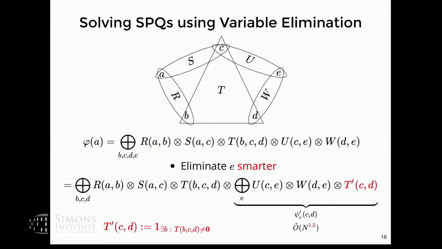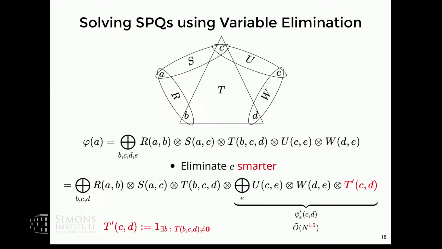And you can argue that adding T prime in here is not really going to change the function phi, because T prime is always 0-1, and it can only be 0 by definition if T itself is 0. Therefore, plugging in T prime does not change phi, and this is what enables us to pull off this trick.